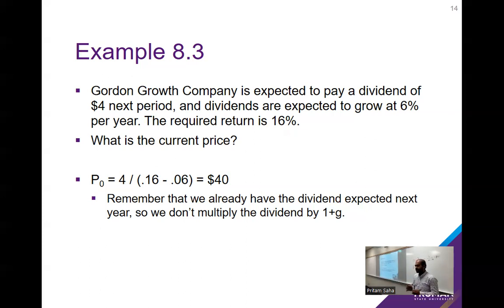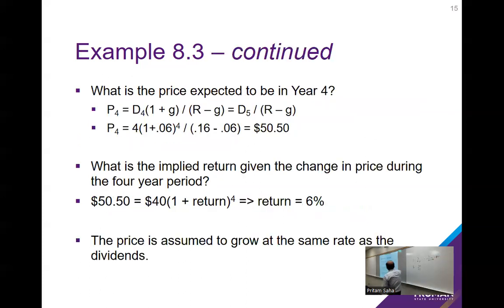So basically, we are just stretching to a different time. From 0, we are just going to 4. The formula is still the same. As we increase the number here, similarly we increase the number there. Over here, D5. Use the formula, and that should be the price. Make sense?